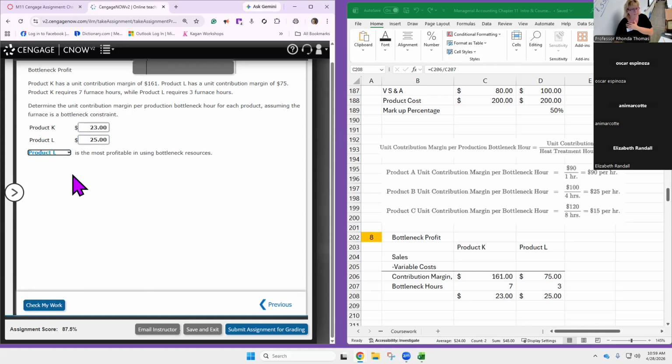L. L is hanging on to more of their revenue per unit because of these bottleneck hours, right? This one goes through twice as fast, right? So anyway, that's it. That's all she wrote.